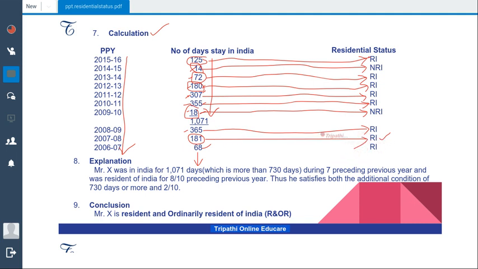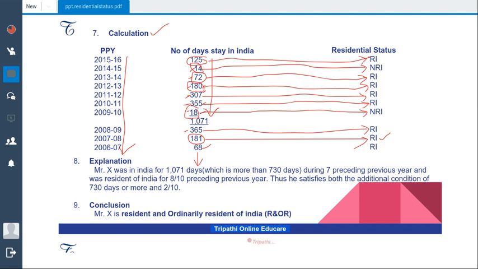On which basis? He has fulfilled the second basic condition of 60 days or more in the previous year and 365 days or more in the 4 preceding previous years. And in 2006-7, you can see it is 68 days, which is more than 60 days.